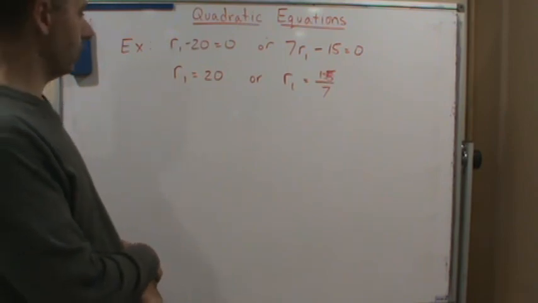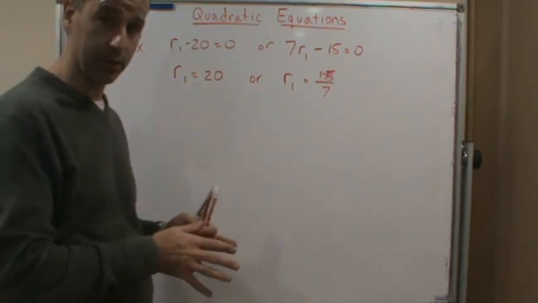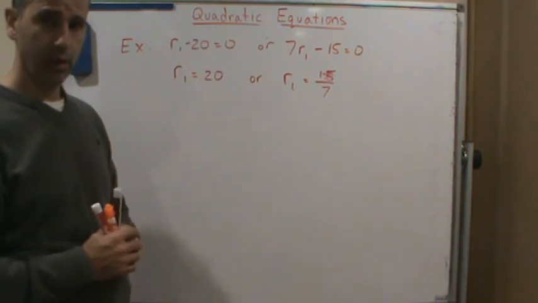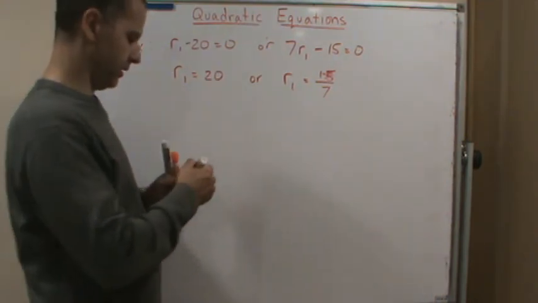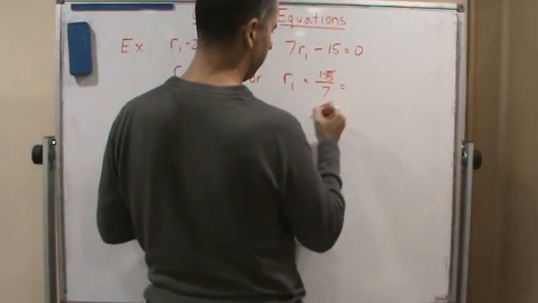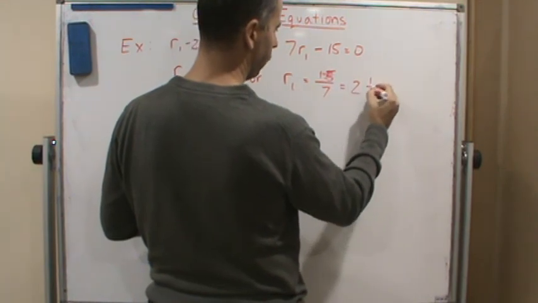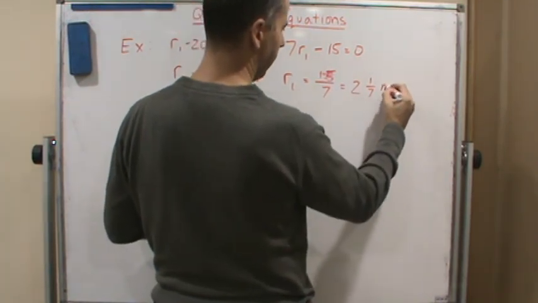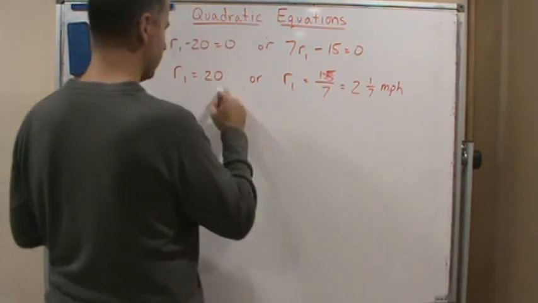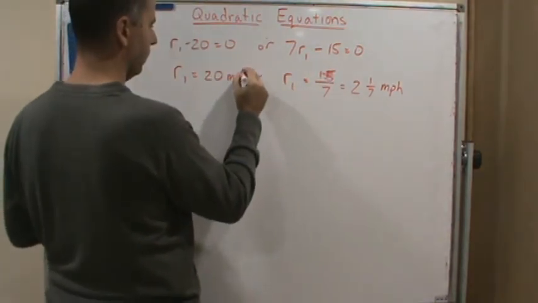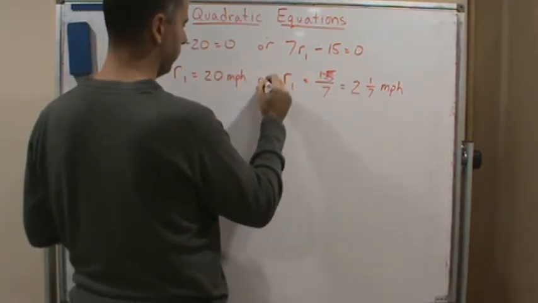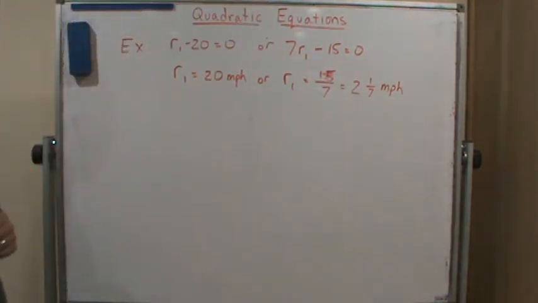Now, they both seem like good answers because they're both positive, right? This is actually equal to 2 1/7 miles per hour, and this is 20 miles per hour. Okay? So they're both positive, right?